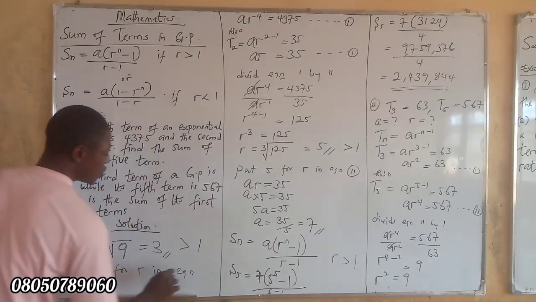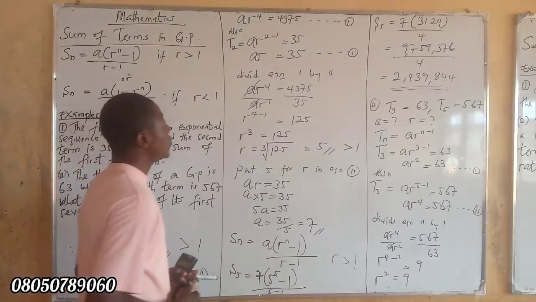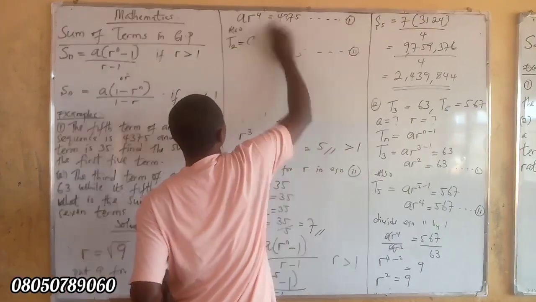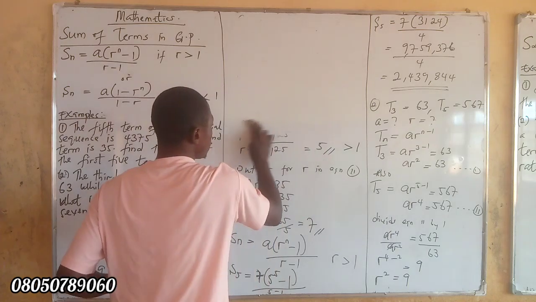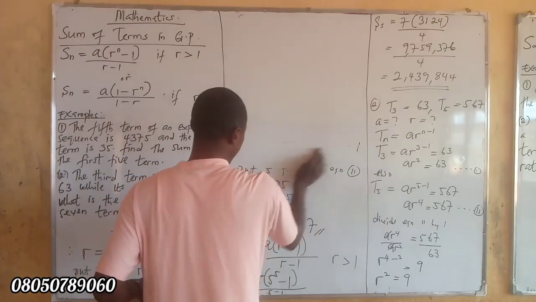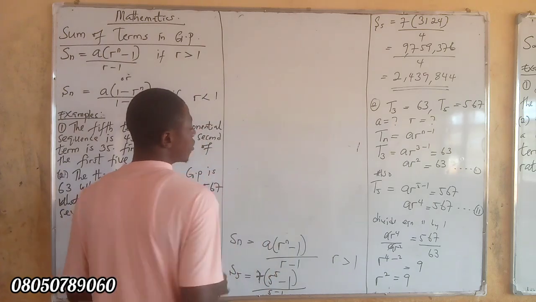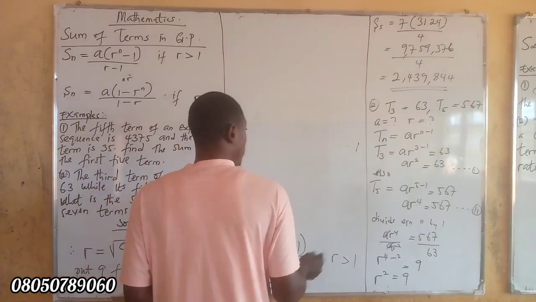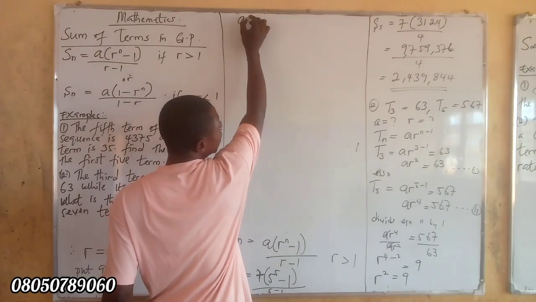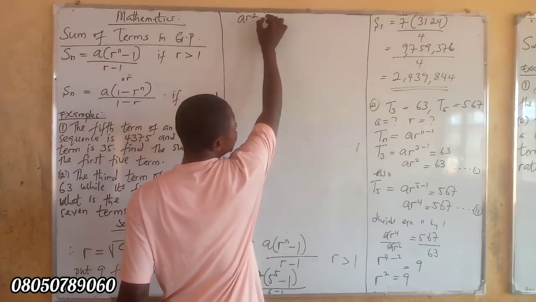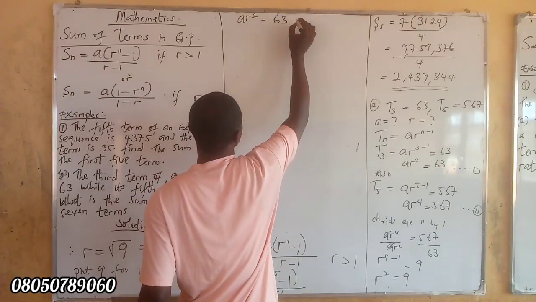I'm using equation 1. So we are going to be substituting very fast. Equation 1 is AR squared equals 63.